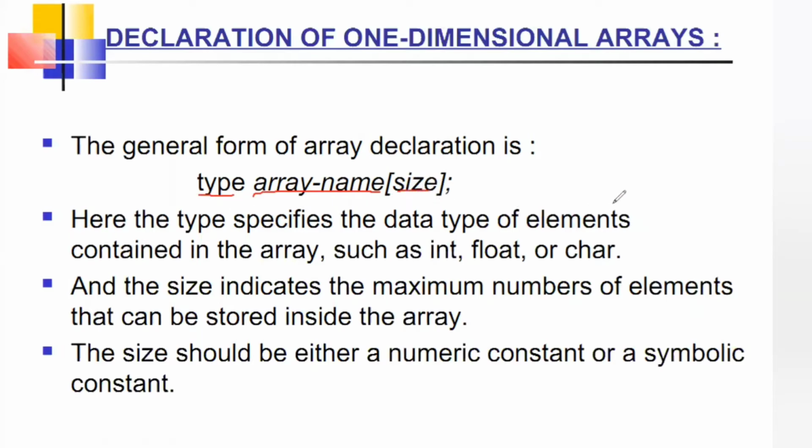Here the type specifies the data type of the elements contained in the array, such as int, float or char. And the size indicates the maximum number of elements that can be stored inside the array. The size could be either a memory constant or a symbolic constant.